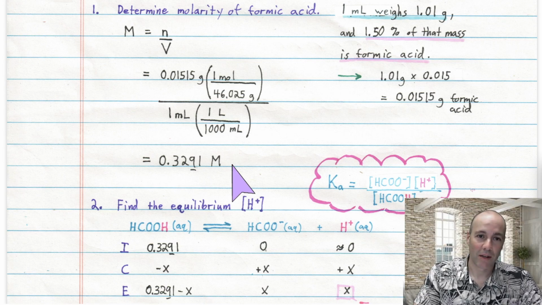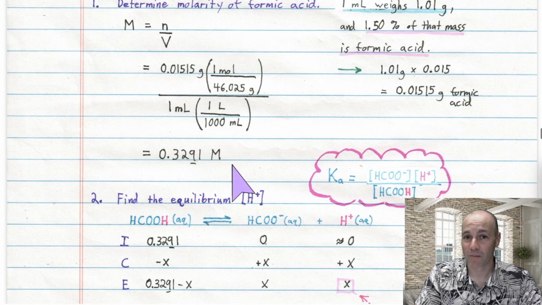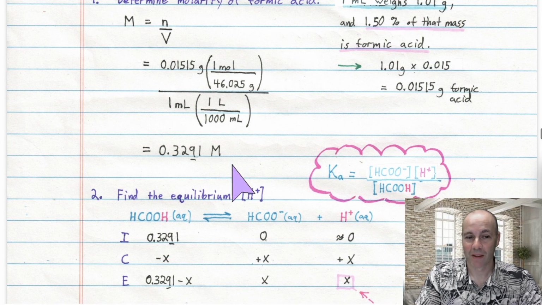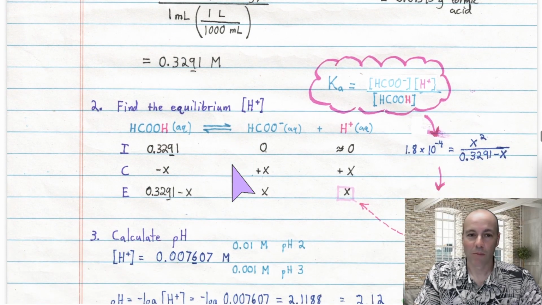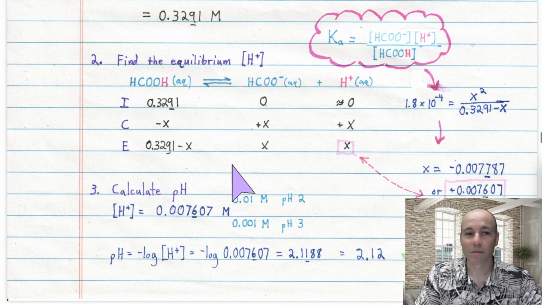We can solve an ICE table to get the concentration of protons at equilibrium. So let's write the equilibrium chemical equation. Here's our formic acid, that's the proton right there. And it establishes equilibrium with the formate anion and the proton right there.